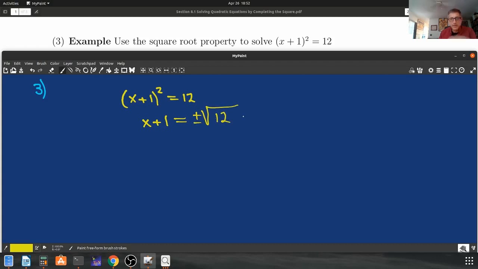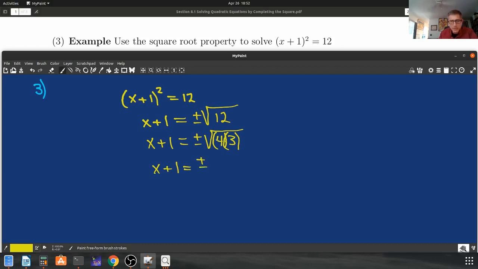But here there is no escape. You have to simplify your radicals. So let's simplify this radical before I do anything else. Well, 12 is 4 times 3. So that's the square root of, I'll use parentheses there, 4 times 3. So I'm still not doing anything to the left-hand side.